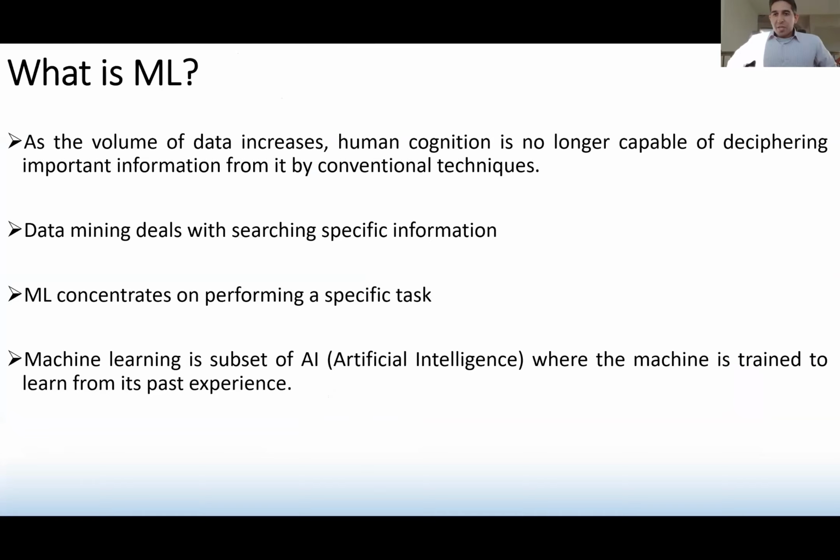So first, before we get into more detail, let's just talk about what machine learning is and why we use machine learning. As you guys know, as the volume of data increases, human cognition is no longer able to decipher that information from the data, right? If I have 10 wells, if I have 5 wells, I can look at those wells and analyze them pretty easily, right?